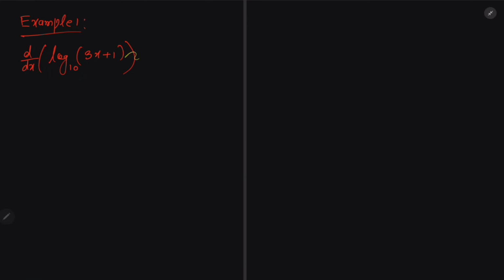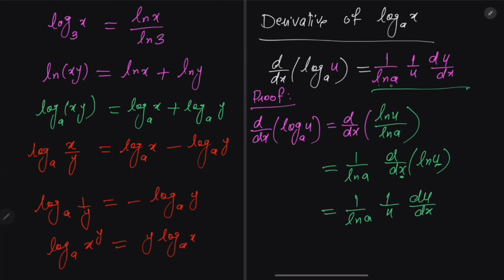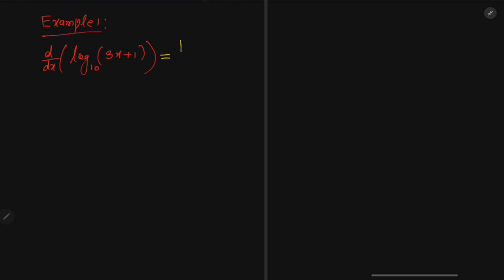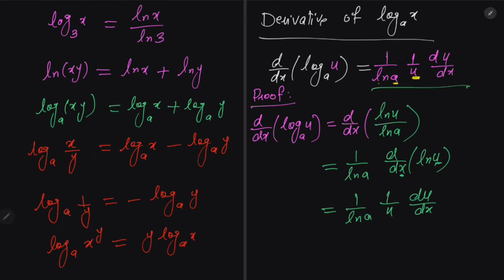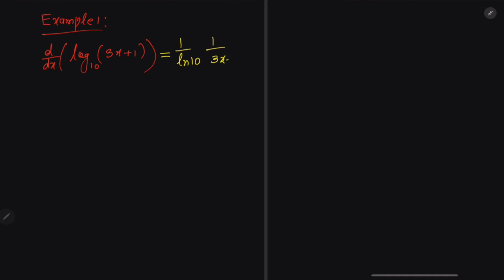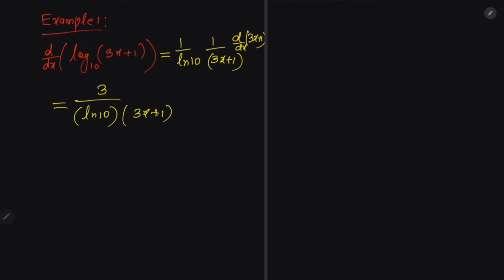According to this definition, this will be equal to 1 over natural log of 10, then we have 1 over u, where u is 3x plus 1, so 1 over 3x plus 1. Then we need to apply the chain rule, d by dx of 3x plus 1. And we have on the right hand side 3 over natural log of 10 times 3x plus 1.